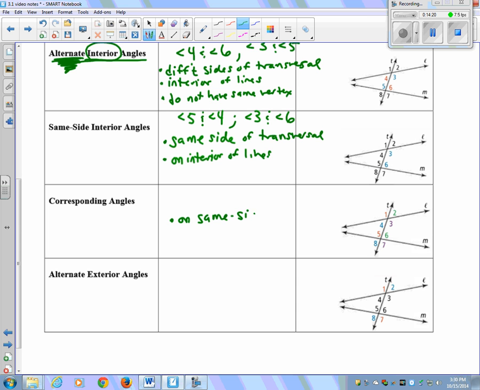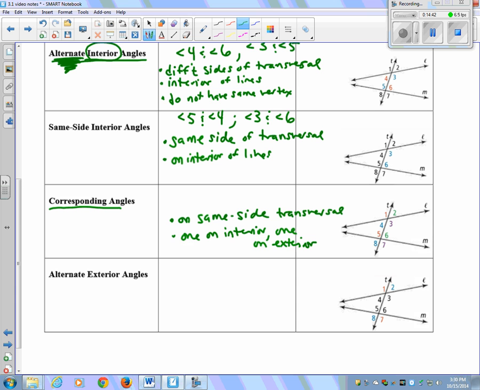I know this one doesn't really have a very descriptive name. We're not calling them same side angles at all, but they're on the same side of the transversal. One is on the interior, and one is on the exterior.